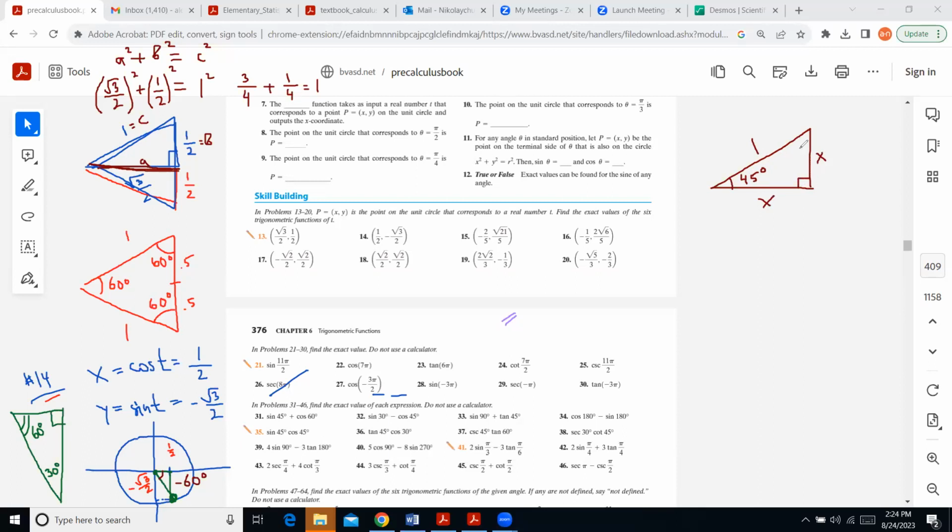If you look at the other angle in this triangle, it's going to be the same as 45 as well, because their sum must be 90 when I add 45 and 45, and 90 degrees is also in that box.